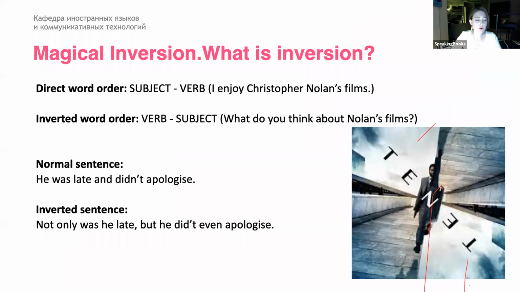I don't know if you have any idea about what inversion is, but recently I went to the cinema, and my friend and I watched the movie Tenet, or probably you know this movie by the Russian title Довод. By the way, both in Russian and in English, these words, Tenet and Довод, are palindromes.